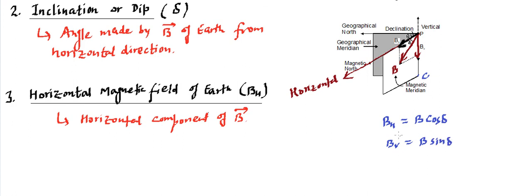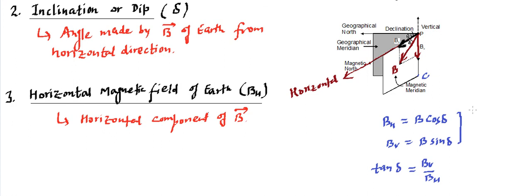So if dip is known to us, we can make these relations. Moreover, we can divide them and find tan del. This tan del value is going to be the vertical component divided by the horizontal component. So this is how we can relate components.